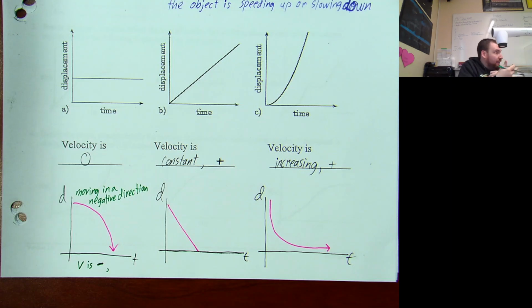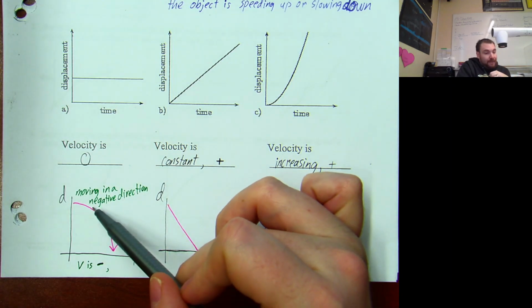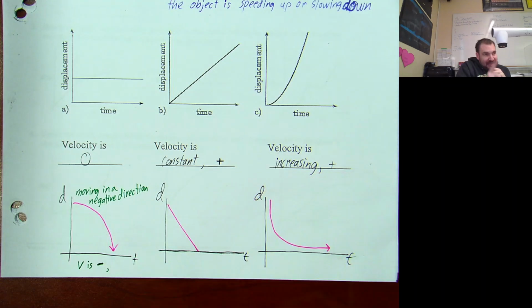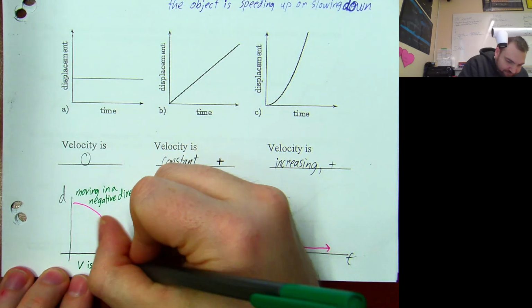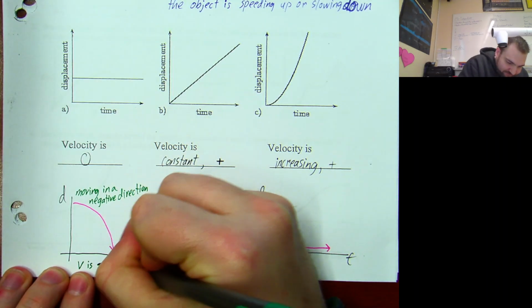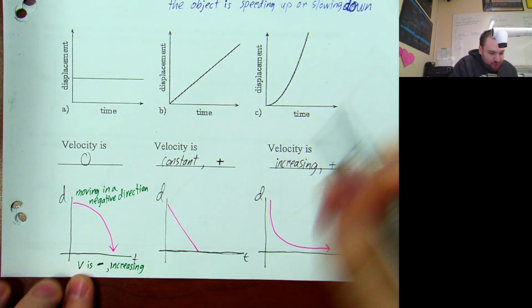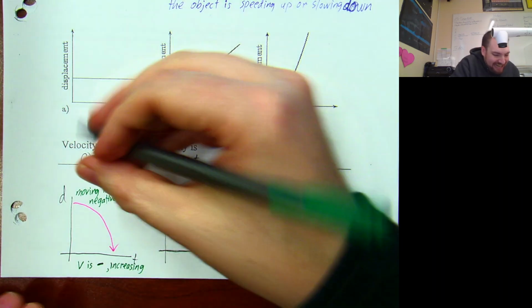It's getting more negative. So what's happening to the velocity of our object? It's increasing in a negative direction. Yes. So it's moving in a negative direction and getting faster.